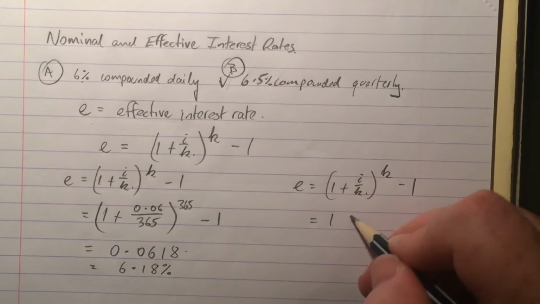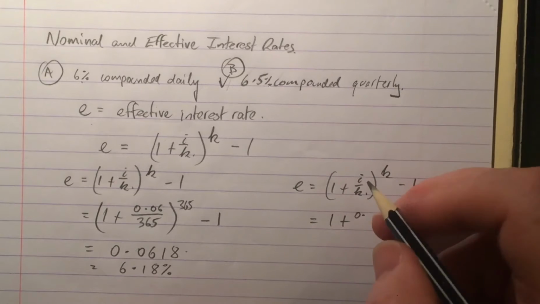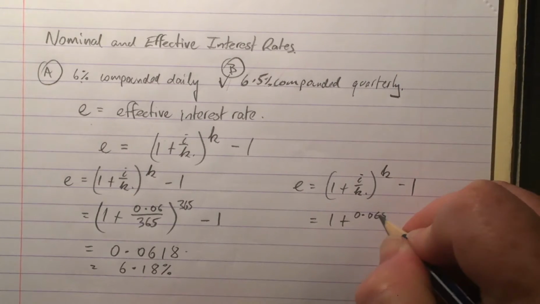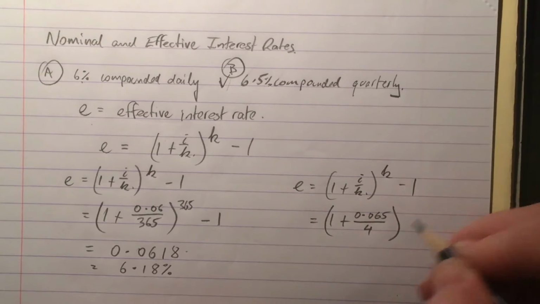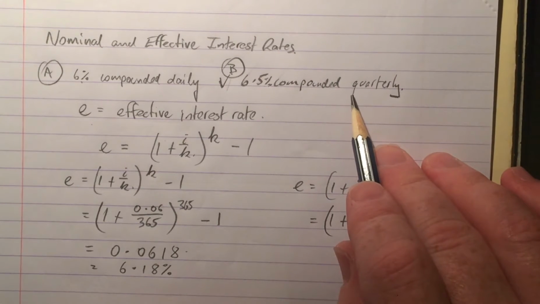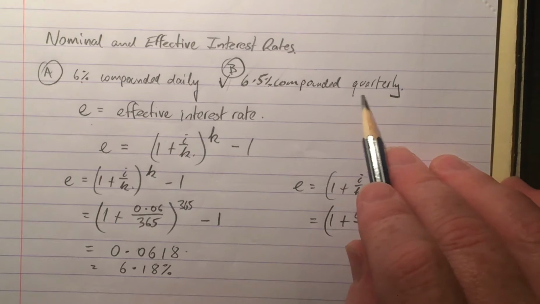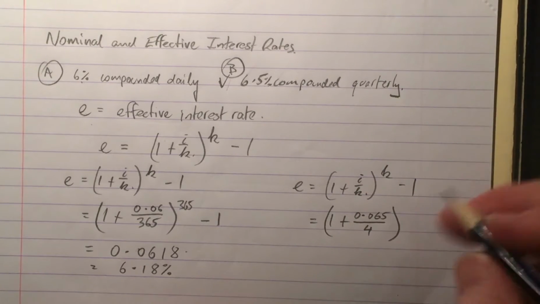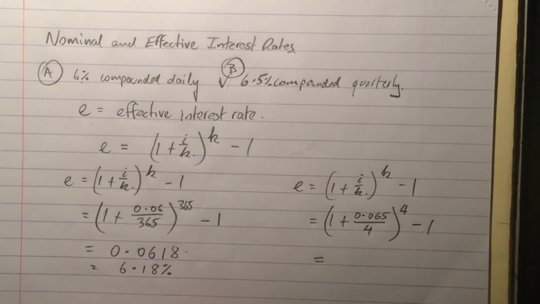Substitute in my values: 0.065 over 4, because for the second scenario, B here, the rest period is every 3 months, quarterly, so there's 4 quarters in a year, to the power of 4, minus 1.